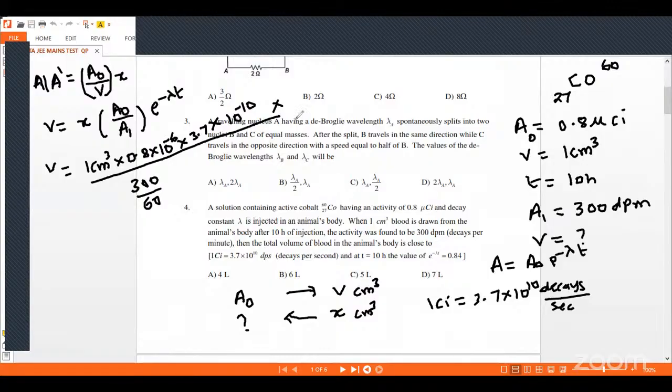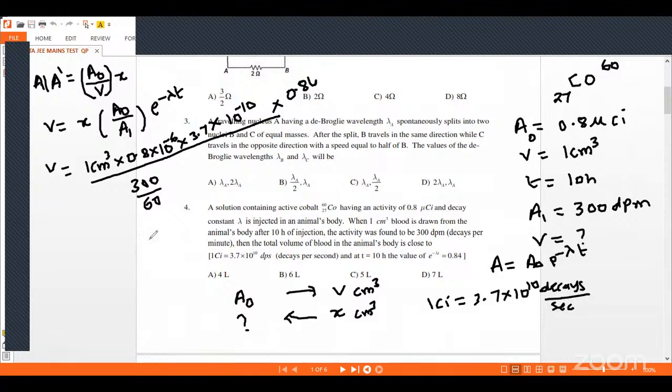Here they gave the time. E power minus lambda t, the direct value they gave, is 0.84.